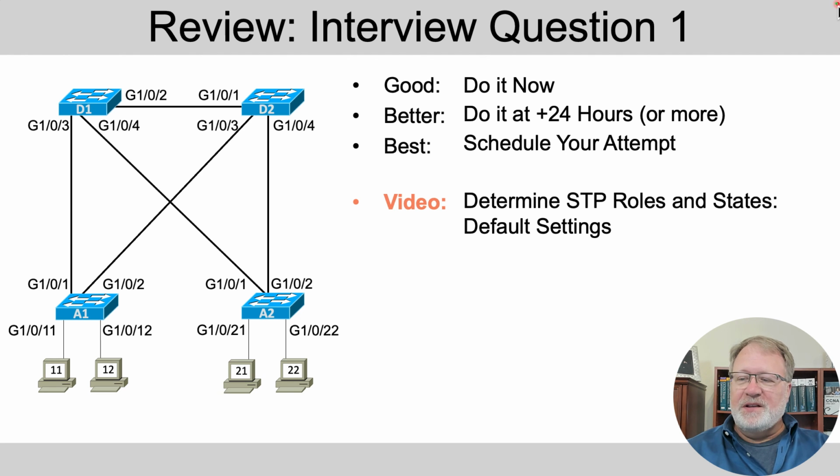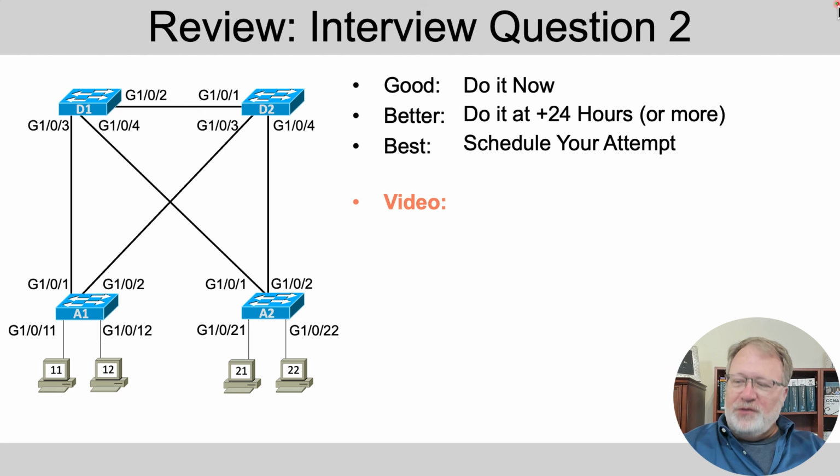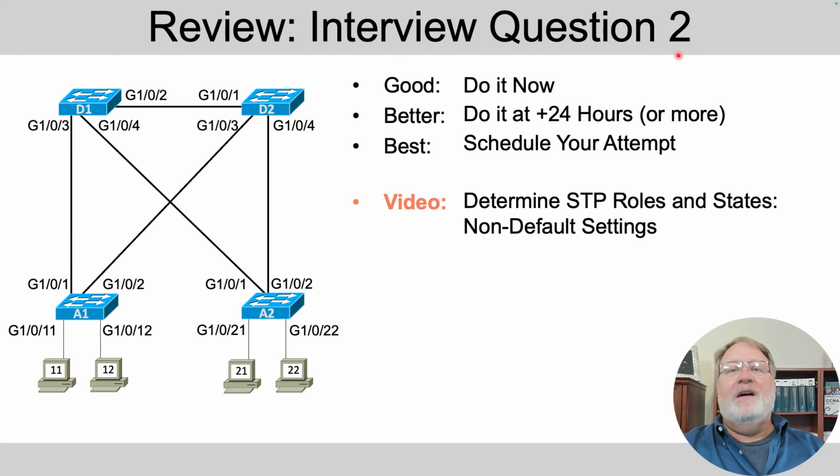By the way, in this first interview, it's this topology with all default settings. So you already know the rules, right? Other than figuring out which switch will be root. Then for interview question number 2, same topology, but non-default settings to make you think a little bit differently. So you'll build some skills even with the first interview question, and hopefully you'll be able to exercise those in the second interview question.